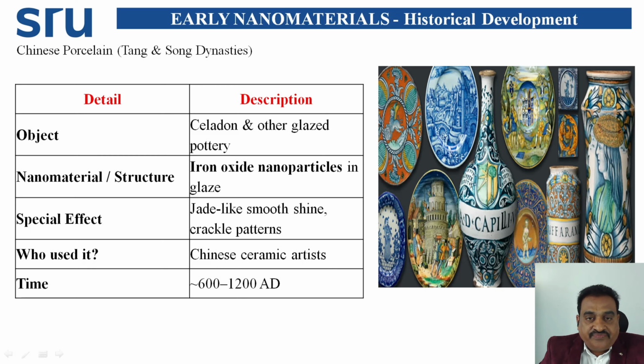So this is the Celadon, a glazed pottery. Nanomaterials, iron oxide nanoparticles in the glaze, they used. So that is the jade-like smooth shine and crackle pattern, the special effect. Chinese ceramic artists used this one. The time is 600 to 1200 AD.